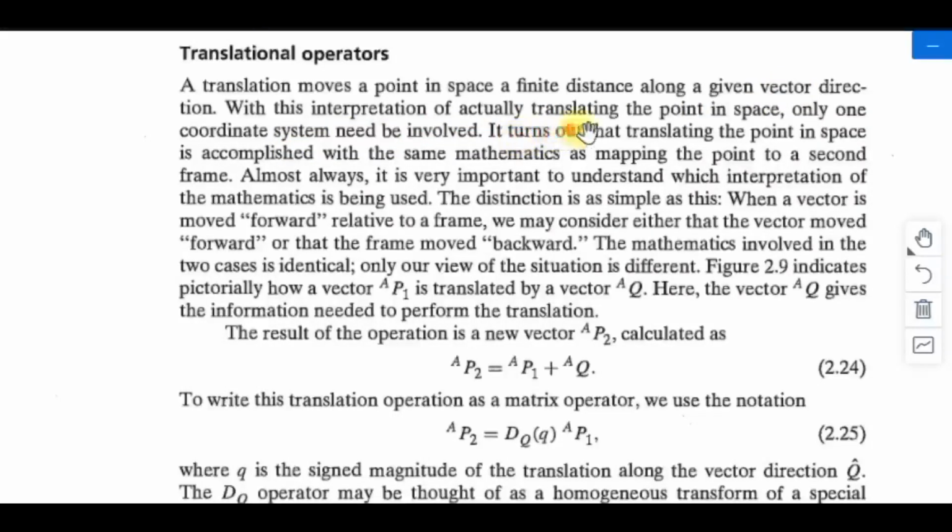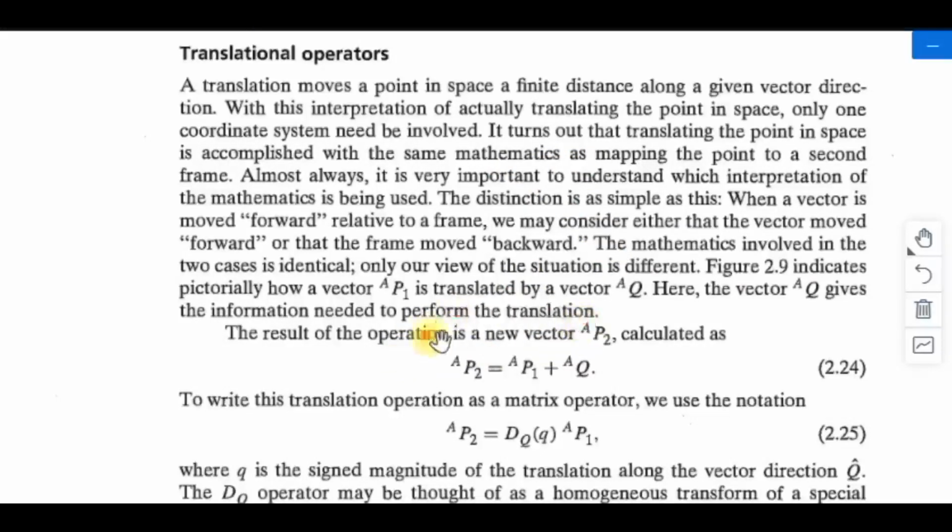With this interpretation of actually translating the point in space, only one coordinate system needs to be involved. Look at this important line. It turns out that translating the point in space is accomplished with the same mathematics as mapping.